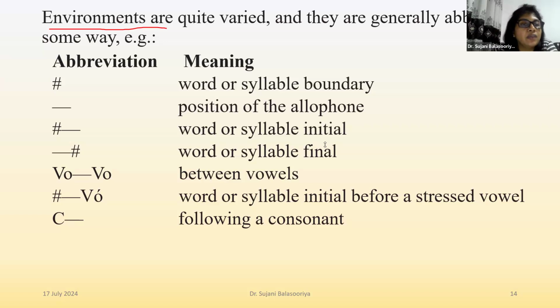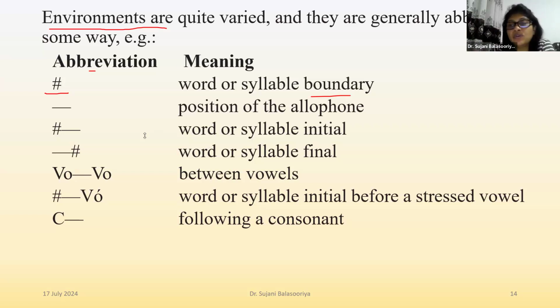Abbreviation in the sense, these are symbols. Don't get confused by the word abbreviation. The meaning of this symbol in writing a phonemic rule is a word or syllable boundary. To indicate a word boundary or syllable boundary, we can use this hash mark.